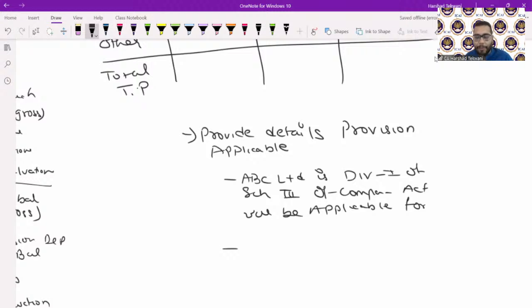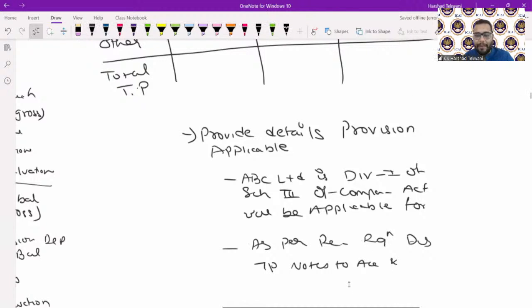Just say, as per the recent amendment in Division 1, Schedule 3, the companies to whom Division 1 is applicable are required to disclose this particular schedule we are talking about in the question, let's say trade payable schedule or notes to account.